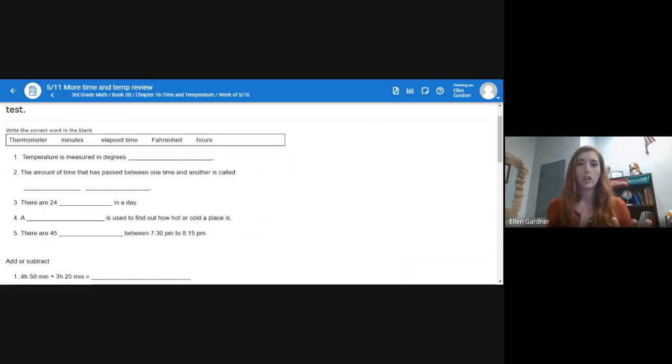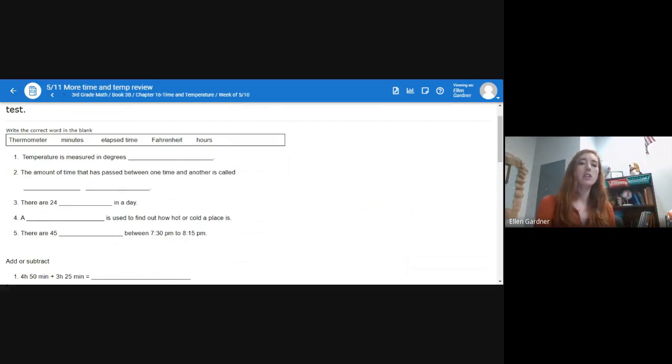It's just some vocabulary. Of these 5 terms, what would be the best fit? Temperature is measured in degrees. Fahrenheit would be the right answer. Good job. We also can measure in degrees Celsius, but we are talking about degrees Fahrenheit in this unit because that's what we use in the United States.